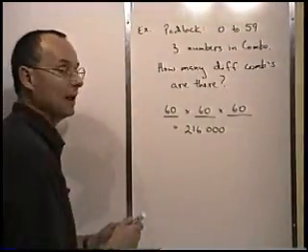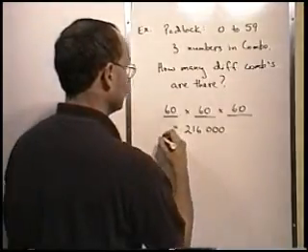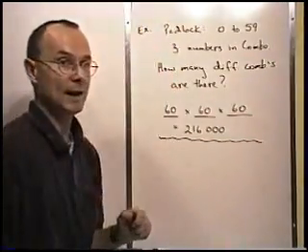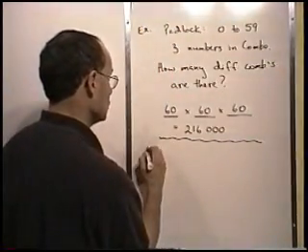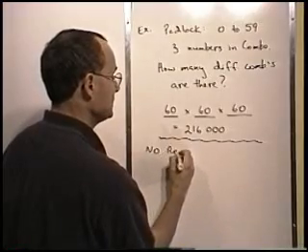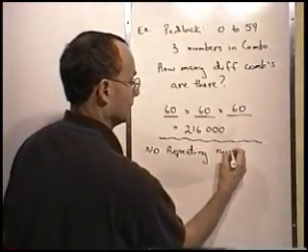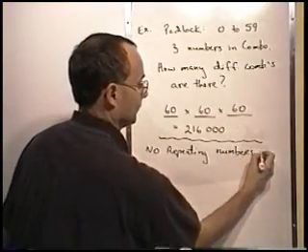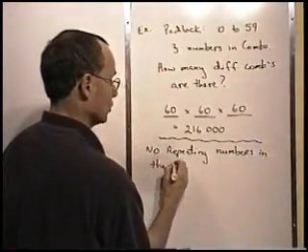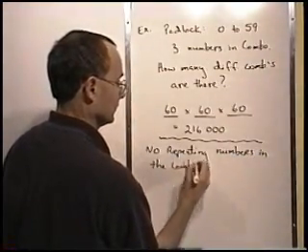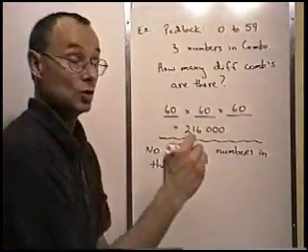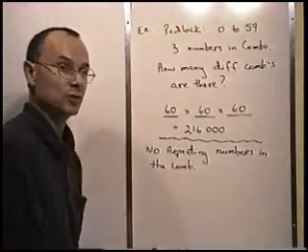Now I'm going to look at the same situation with one twist. Now we're going to say no repeating numbers in the combination. So now, how many choices do we have? This is just a little extra twist here.